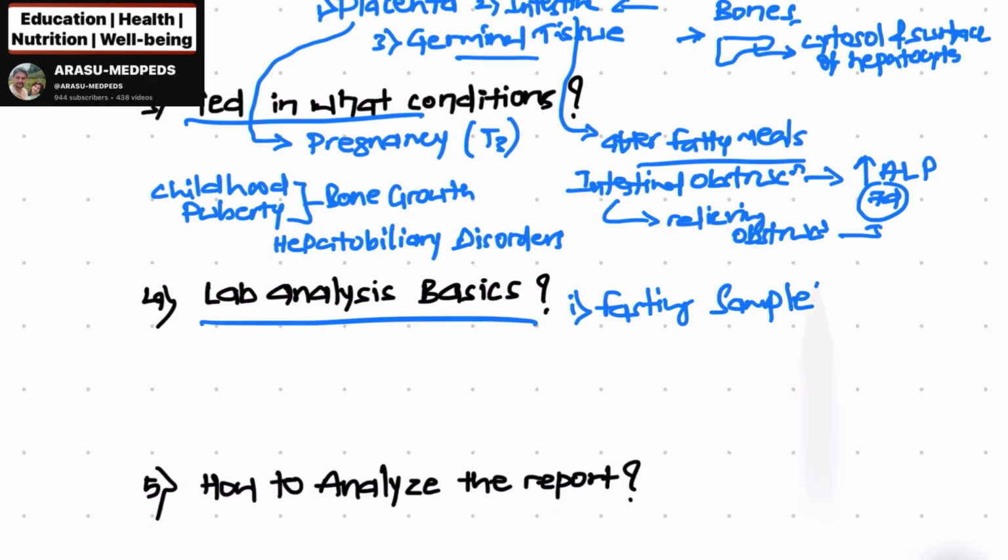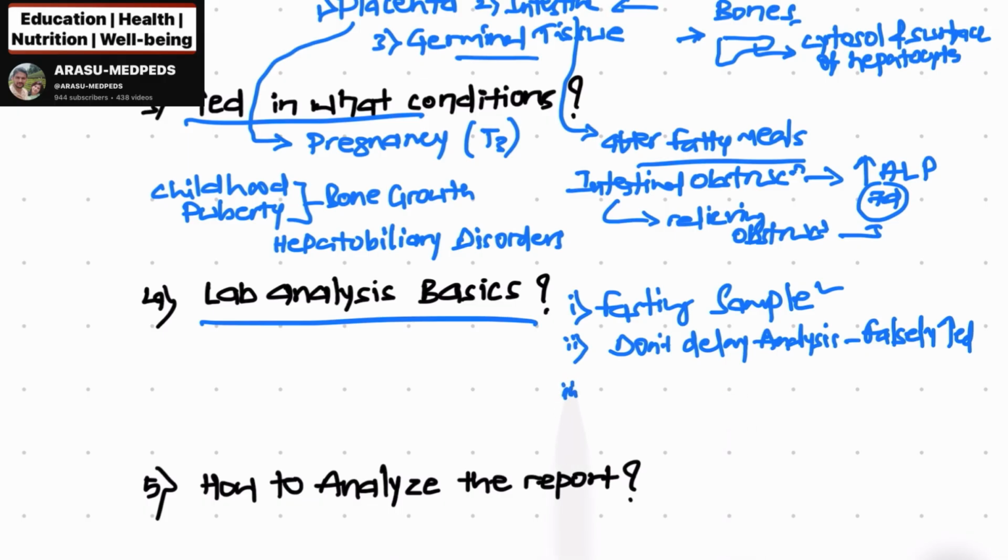So always prefer a fasting sample, and when it is being analyzed, don't delay the analysis, because it will give falsely high levels if sample analysis is delayed. This is the second point.